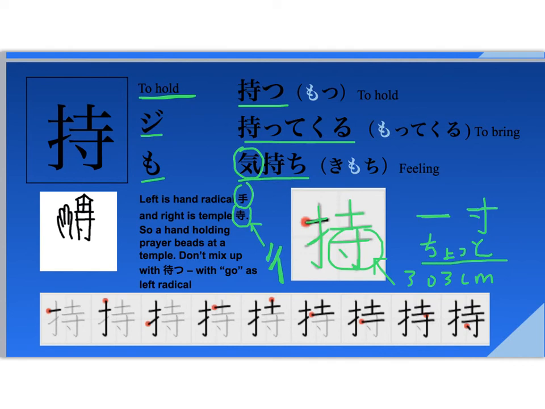And then you have the sun here, which is that little unit of measurement. And it's read chotto. Now, Japanese don't usually write this out in kanji like this. They write it out in hiragana. But I thought it was really interesting that this basically meant one sun, which is a little thing, 3.3 centimeters, so representing something very small.